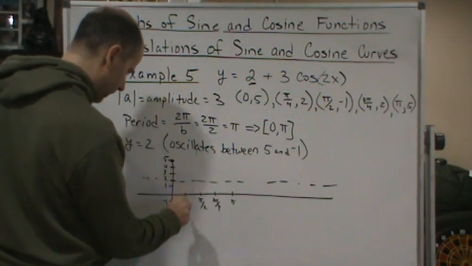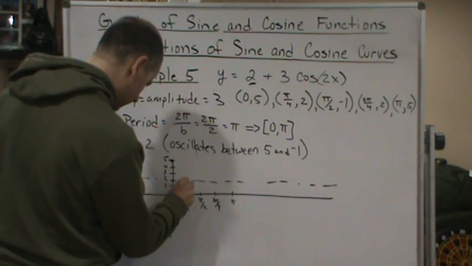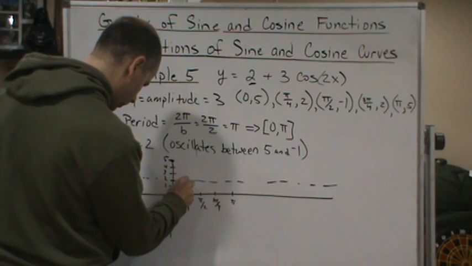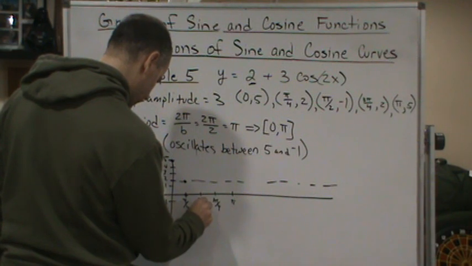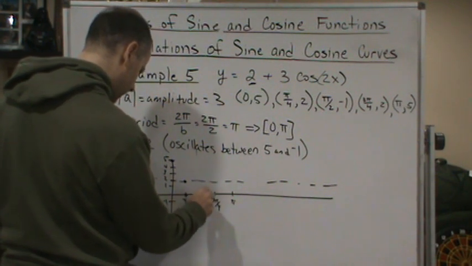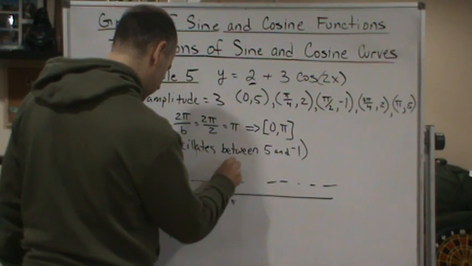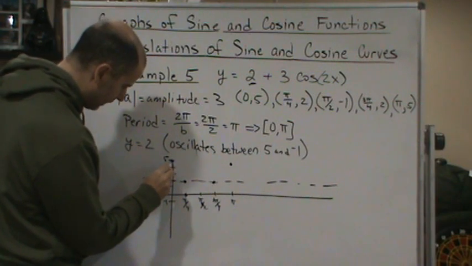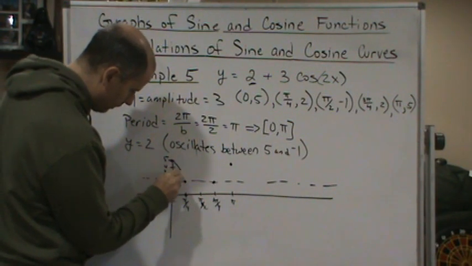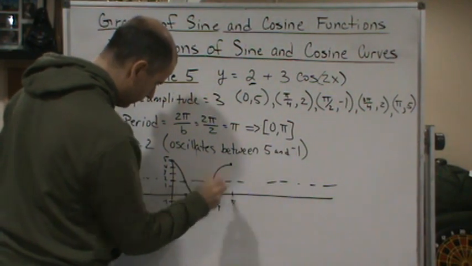We got 1, 2, and then we're going to go down to here. 3, and then we're going to go back up to here, and then back up to here. All right, so now it's going to look like this. Like so.